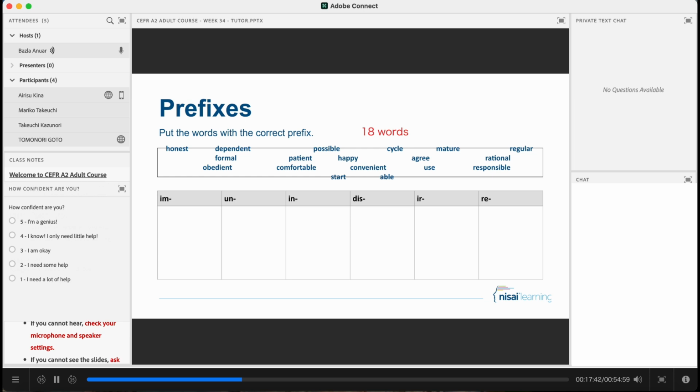So where should we put agree? Yes, we have one answer already. Please go on and take your time. Make sure to fill in all of the 18 words. I will help to cancel out.